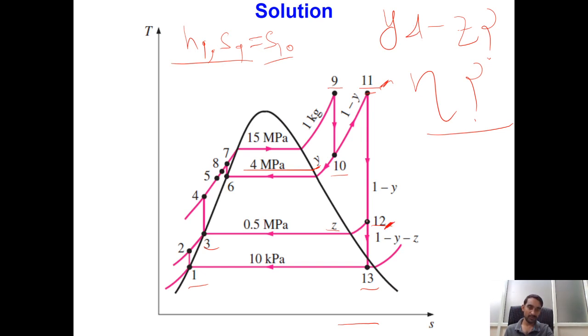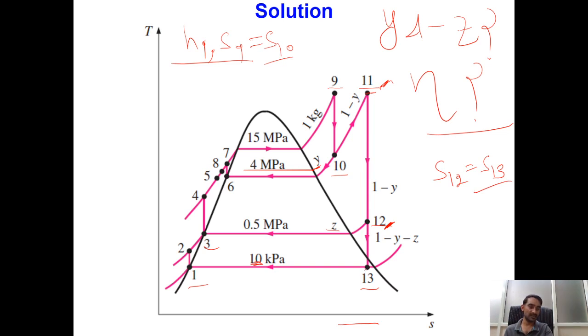So for point number 12, we know the value of entropy and the pressure as 0.5 megapascal. From these two values I can determine the enthalpy of point number 12. Then for point number 13, the 10 kilopascal pressure is known and it lies inside the liquid vapor dome, and process 12 to 13 is isentropic, so S12 is equal to S13.